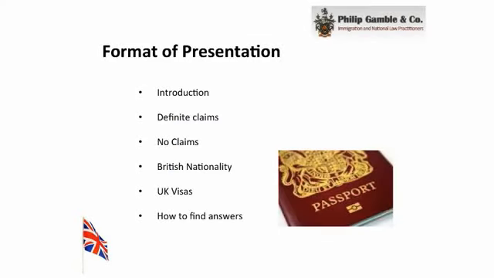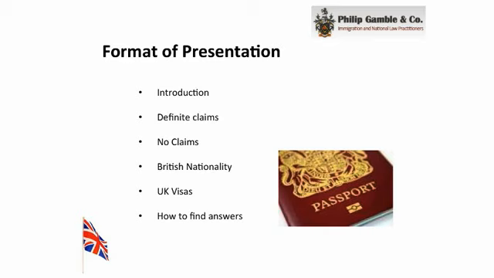My name is Reg Bamford and it's my role to introduce Philip Gamble to you. But before I do so, I'd like to cover off on what we'll be talking about, as well as giving a very brief introduction to the rules and the laws governing British nationality. I'm going to introduce Philip to you, but before I do that, I'm going to cover off on what we consider to be definite claims to British nationality.